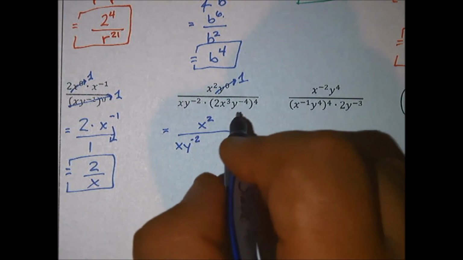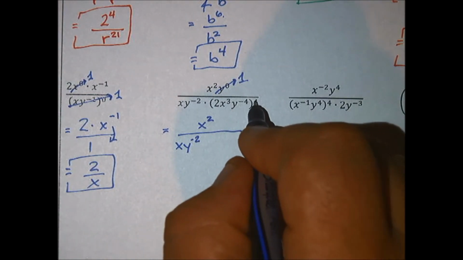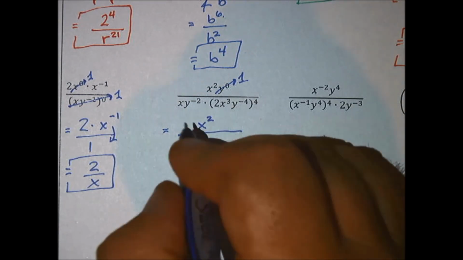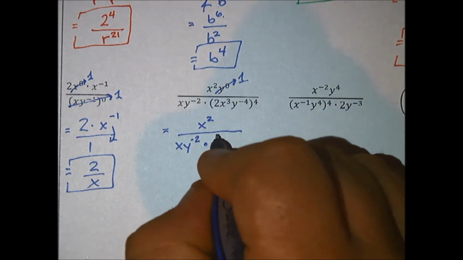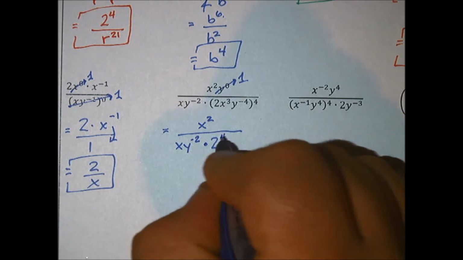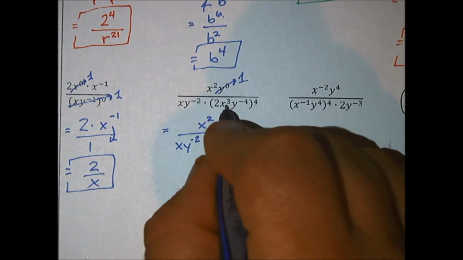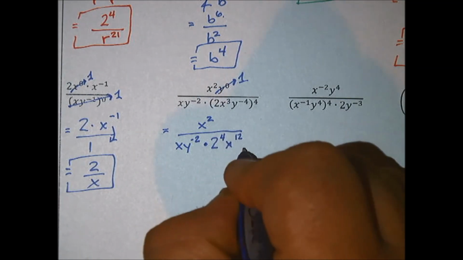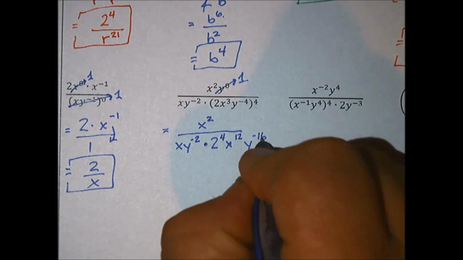Now that 4 out here needs to be distributed into everything, but it will get rid of my parentheses. So that'll be 2 to the 4th, x to the 3 times 4, which is 12, and y to the negative 4 times 4, which is y to the negative 16th.